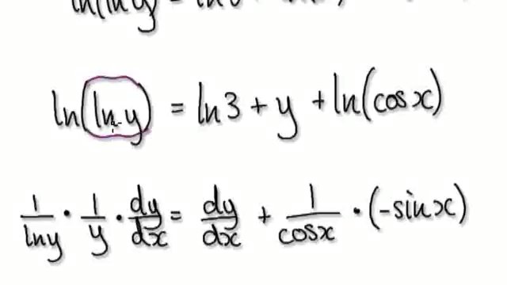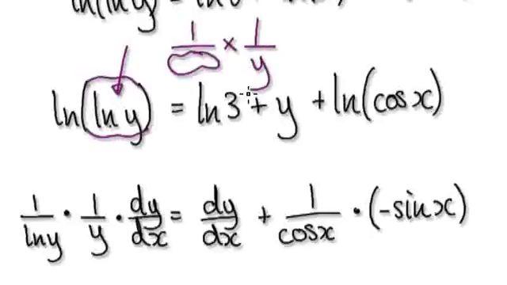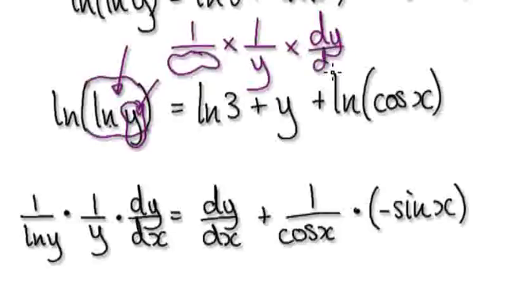When you differentiate this, it will be 1 over the bubble itself, and then you times with the differential of the bubble itself, which is 1 over y. And then because y is a function of x, you times by dy by dx.